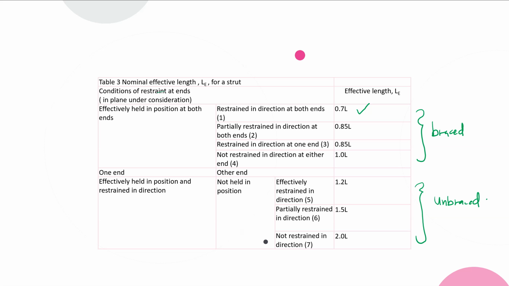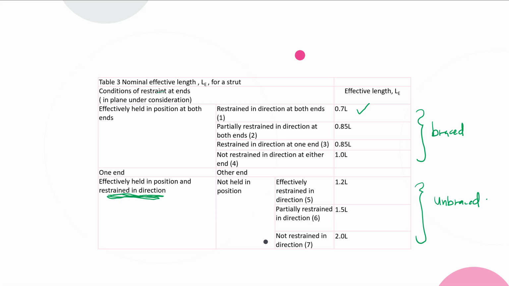And okay, kita boleh juga tengok for unbraced terus, because basically this thing lebih senang kita nak faham if we discuss it macam mana keadaannya untuk dua-dua sebab dia tak cakap pasal position kan. So one end is effectively held in position and restrained in direction. So position not even being mentioned, so lantak pi dengan dia. But it is restrained in direction.